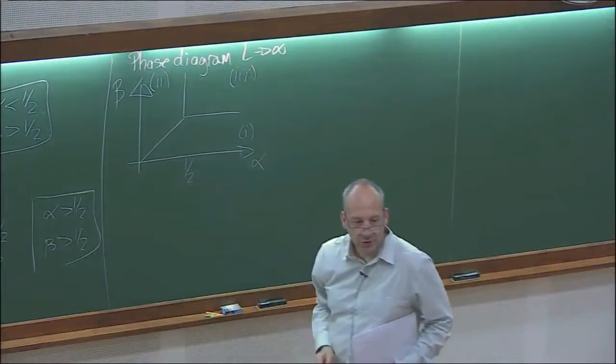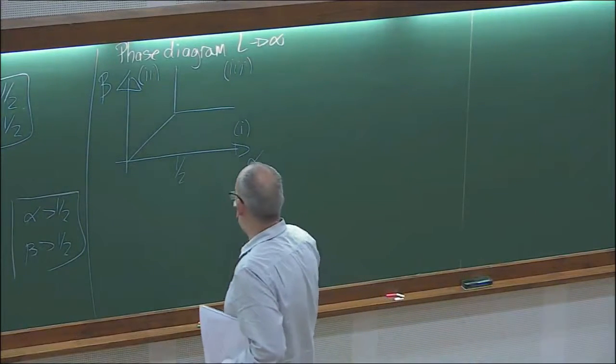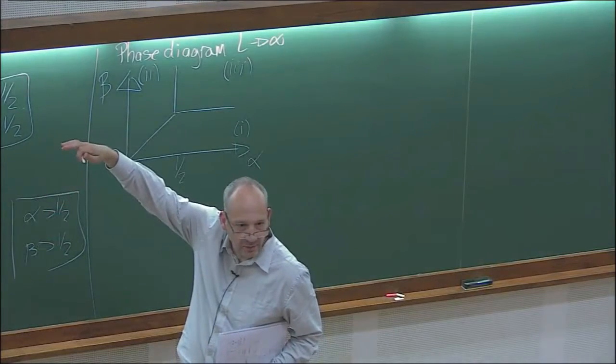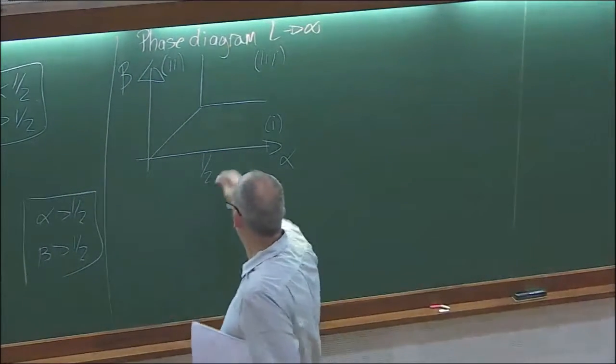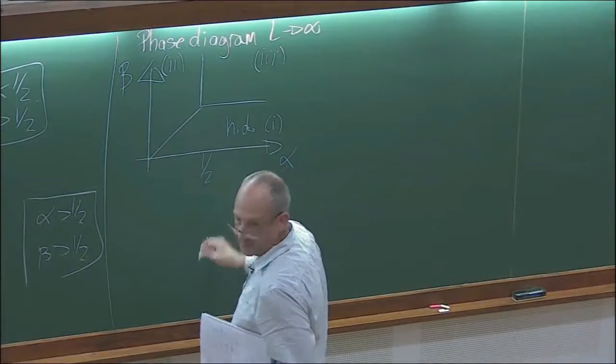So the usual names given to these three phases are, well, it's kind of obvious. Region 1 is where we have the upper fixed point, so the higher density one. HD is the high density phase.